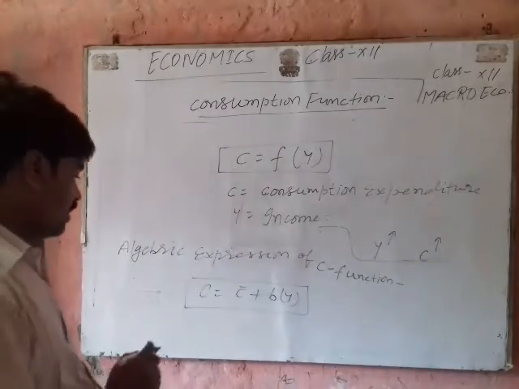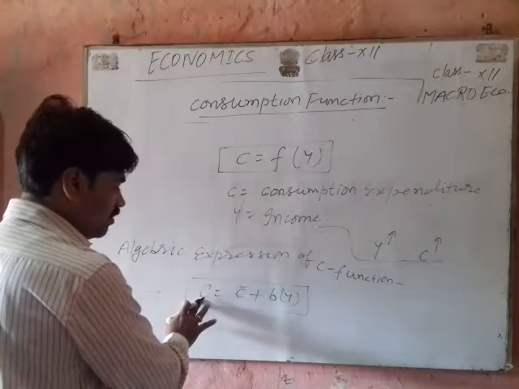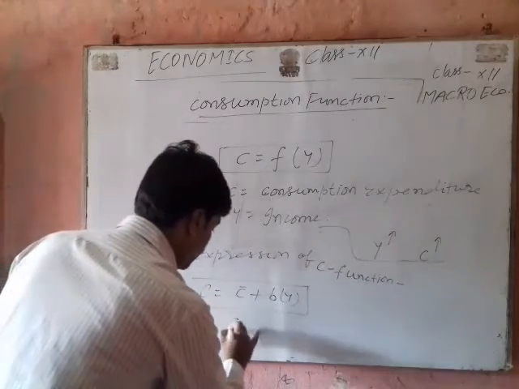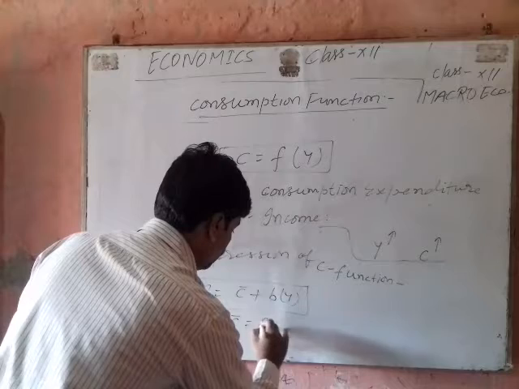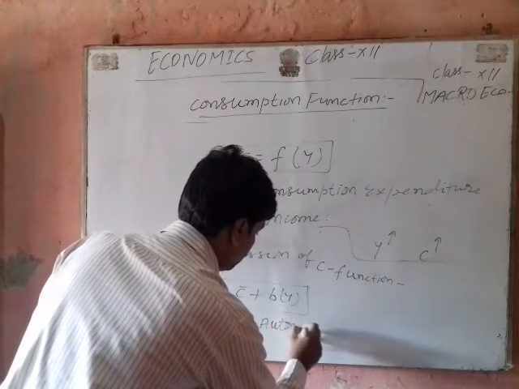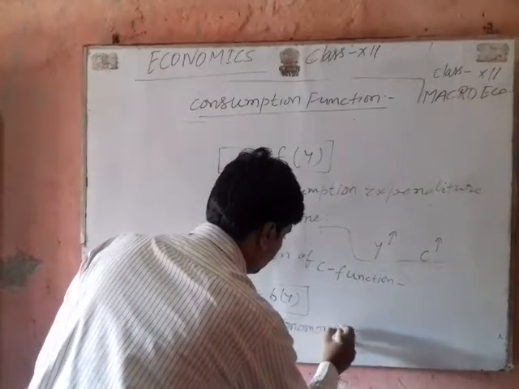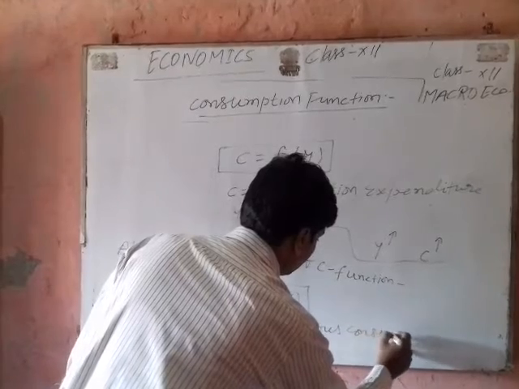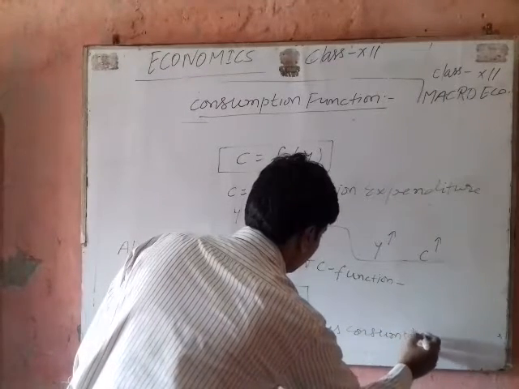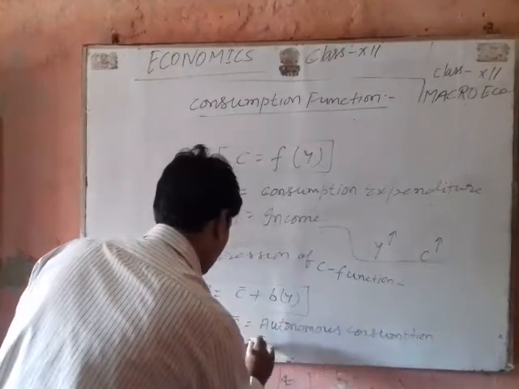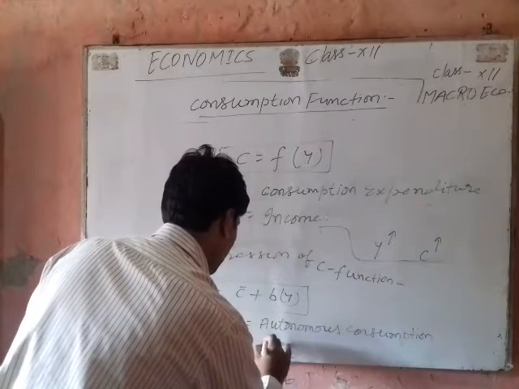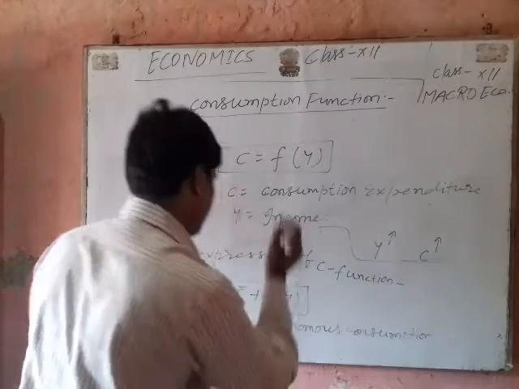Here C is the consumption expenditure, C bar is equal to autonomous consumption, b is equal to MPC, and Y is the income.